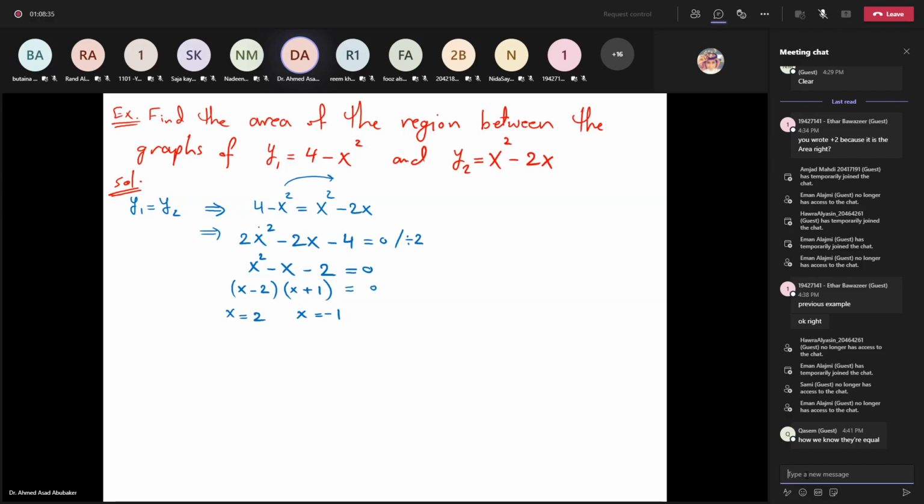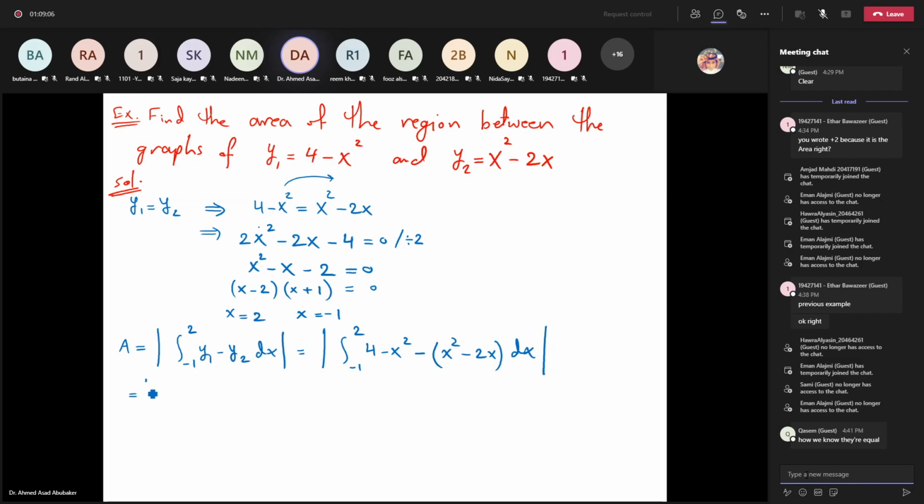Now the area equals the integral from negative 1 to 2 of y1 minus y2. This equals the integral from minus 1 to 2 of 4 minus x squared minus x squared minus 2x, dx.